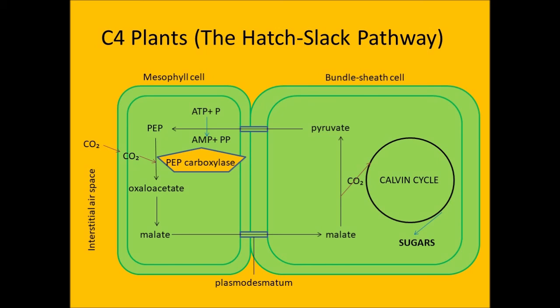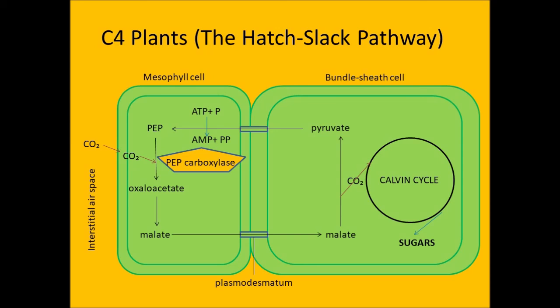The phosphoenolpyruvate carboxylase does not have photorespiratory capabilities, and it has a high affinity for carbon dioxide, making it advantageous over the C3 enzyme Rubisco, which has a lower affinity for carbon dioxide, particularly when oxygen levels are high, and which can facilitate photorespiration. In addition, the oxaloacetate, once converted to malate, is decarboxylated, that is, carbon dioxide is removed or yielded, which is then fed to Rubisco and the Calvin cycle.